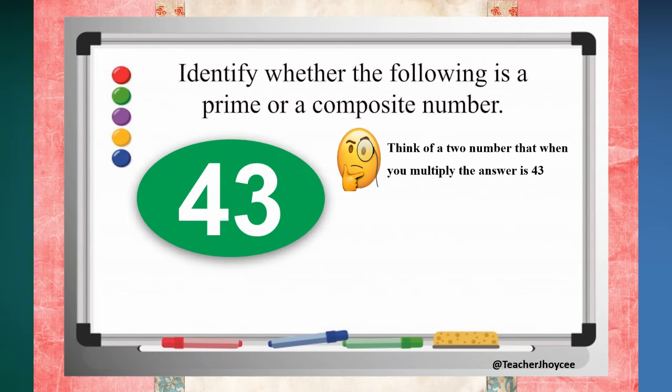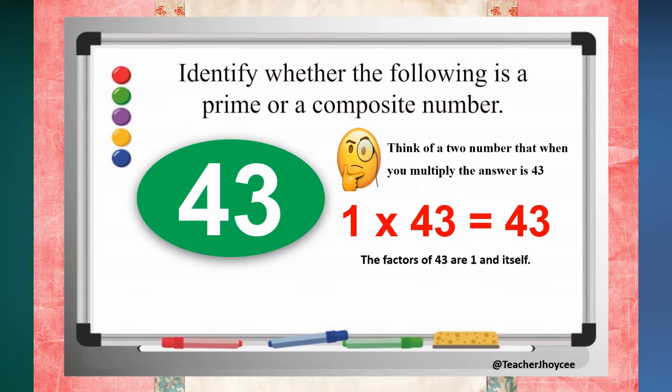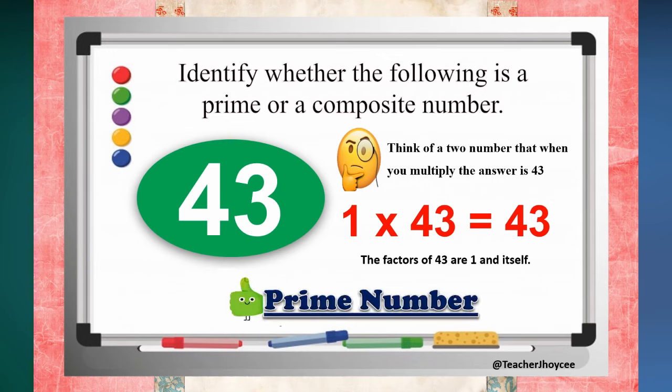Next, we have 43. So think of two numbers that when you multiply, the answer is 43. So 1 times 43 is equal to 43. So the factors of 43 are 1 and itself. Therefore, 43 is a prime number.